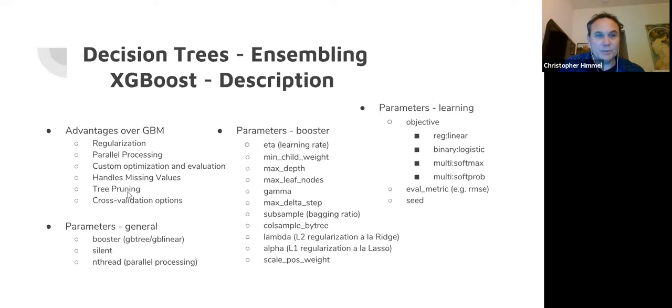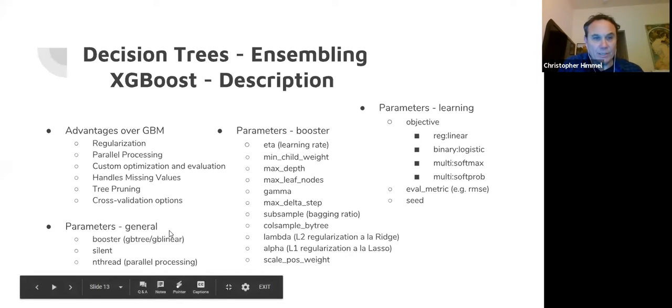This one allows you to do tree pruning. So if your tree gets too big, then there's a way of cutting down the size of the tree to get a more accurate answer, or less overfitting. And this gives you some cross-validation options, whereas with gradient boosting, just straight, you'd have to implement the cross-validation yourself.